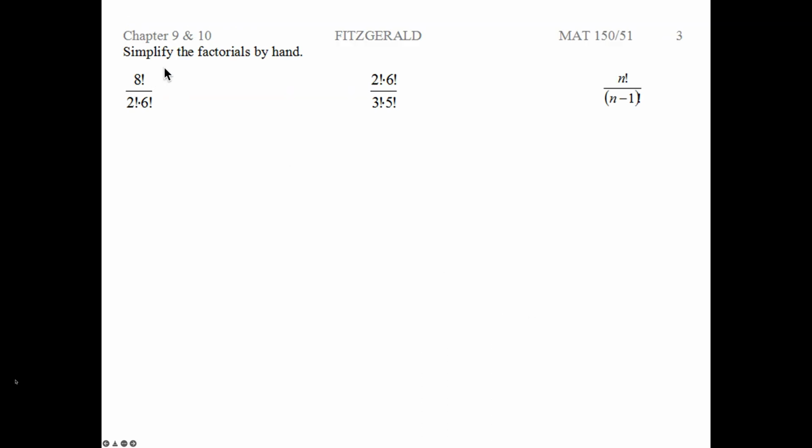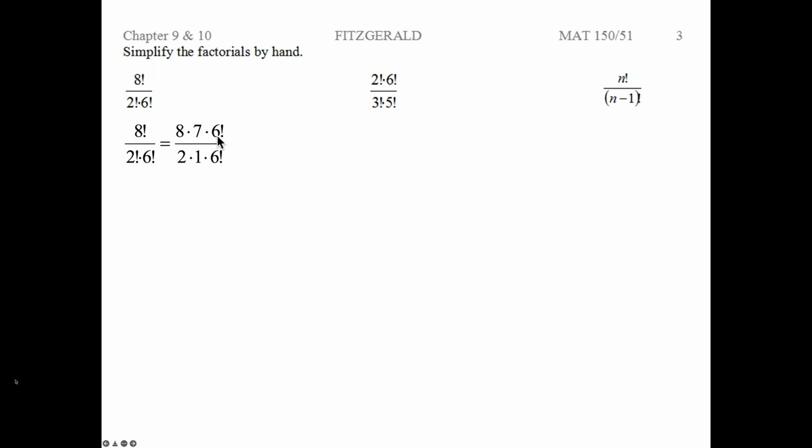All right, simplifying factorials by hand is probably easier than doing this in your calculator, technically. So if I had 8 factorial over 2 factorial times 6 factorial, find the largest factorial on both top and bottom, 8 and 6. Since 8's bigger than 6, I'm going to count backwards from 8. 8 times 7 times 6 factorial. I stop.